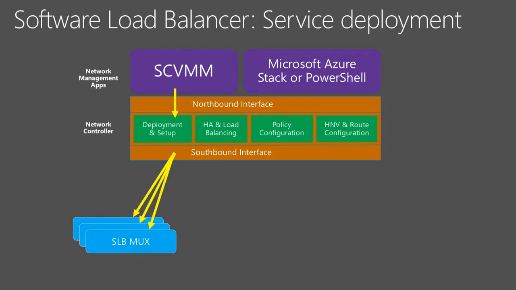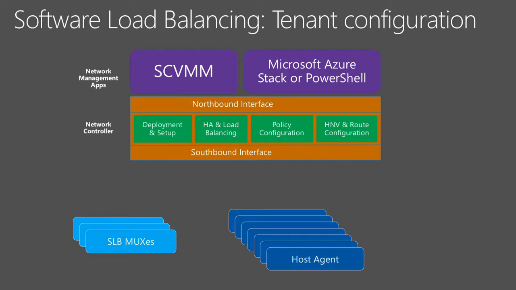Each one of these is essentially its own VM that you can deploy across your environment. They can even exist in different racks in different subnets. And then you also deploy onto your host to get them up and running with the host agent. This again receives the communication from the controller in order to add and remove the virtualization policy.